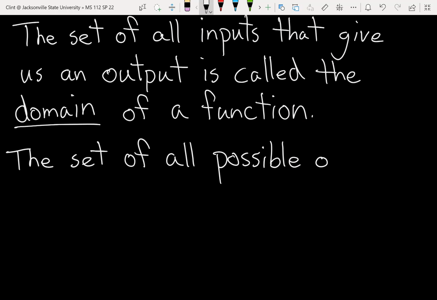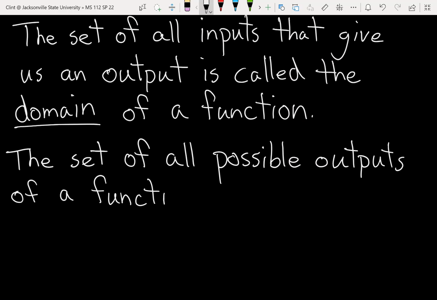A set of all possible outputs of a function. Anybody remember what that one's called? Got the domain, and then what's a range? Yeah, it's called the range.